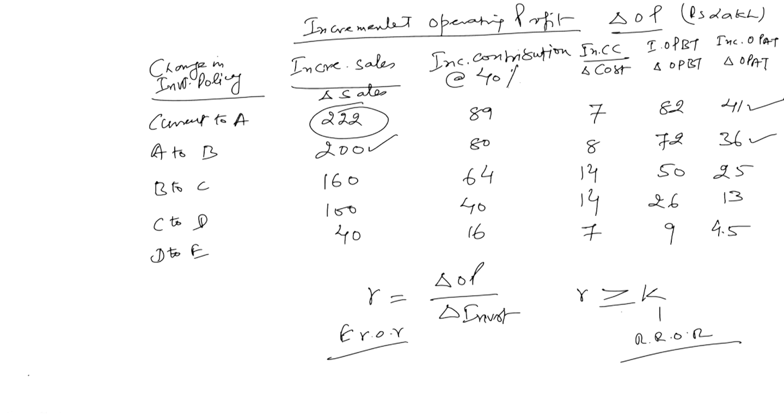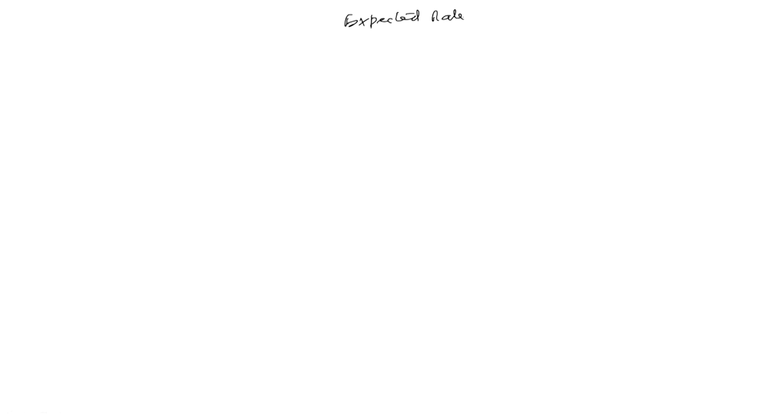On the basis of this process, let us now calculate the change in profit, or the rate of return, that is the expected rate of return. If we calculate this expected rate of return, here again we will have to go by the inventory policy.